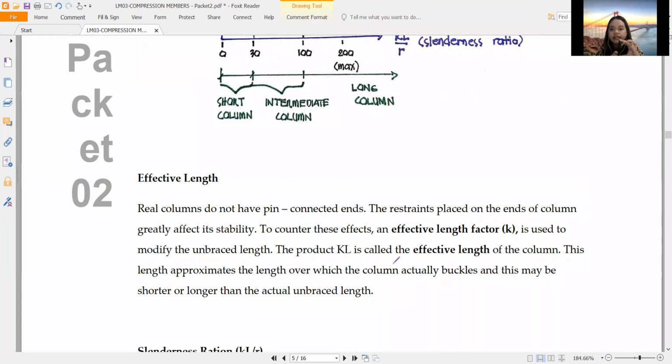And kung pin-ended yan, maapektuhan yung stability. So for us to counter that instability, we have the effective length factor K. It is used to modify your unbraced length. And your KL is your effective length.